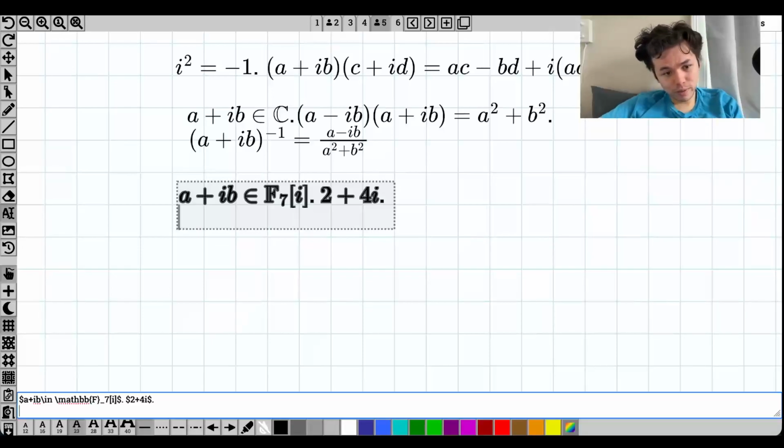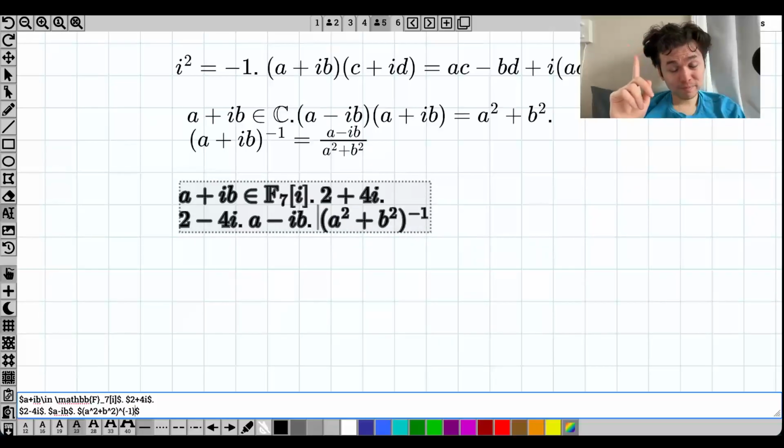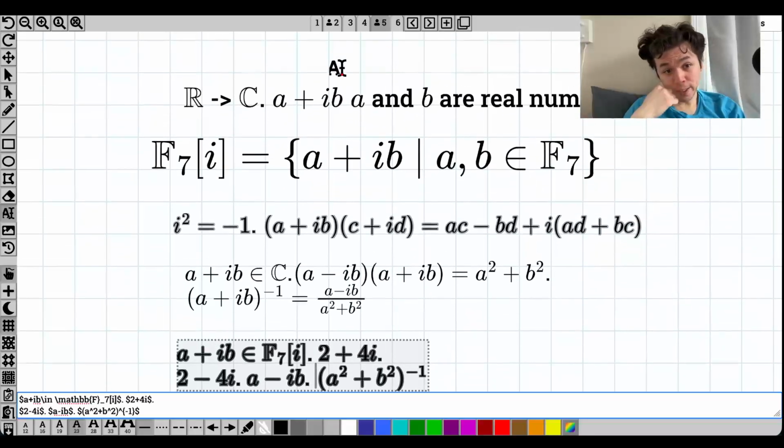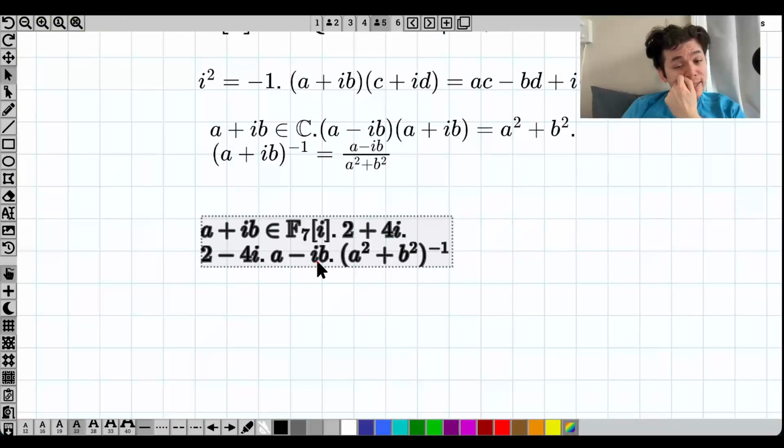Well, you take your conjugate, 2 minus 4i, or a minus ib, and then you want to find the inverse of a squared plus b squared, but working modulo 7. And so remember, mod 7, you can find inverses. But this only works if for no a and b is a squared plus b squared divisible by 7. Because if there was an a squared plus b squared that was divisible by 7, all of this breaks.